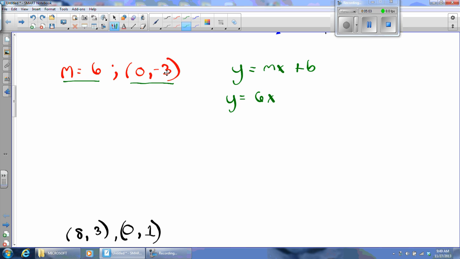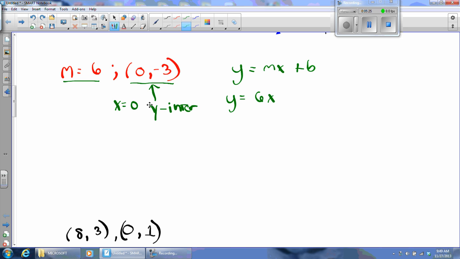Now, I need the y-intercept. Well, what do I know about every point on the y-axis? That x equals 0. So if I give you a point where x equals 0, I'm on the y-axis. If that point is on the y-axis and on the line, then therefore this is a y-intercept.